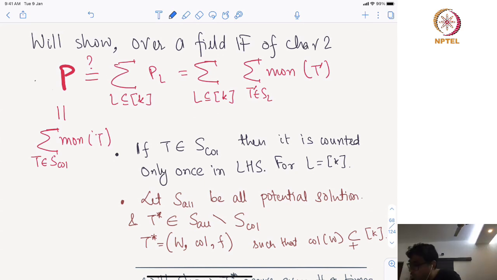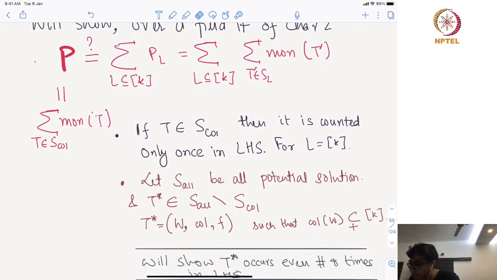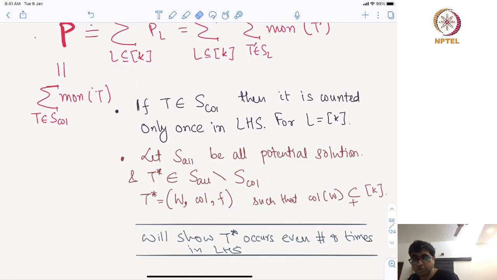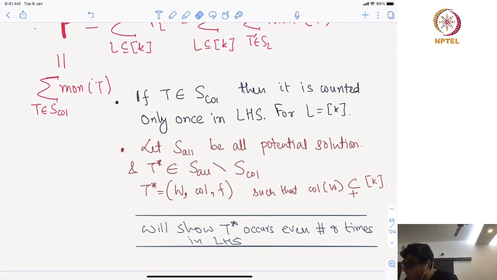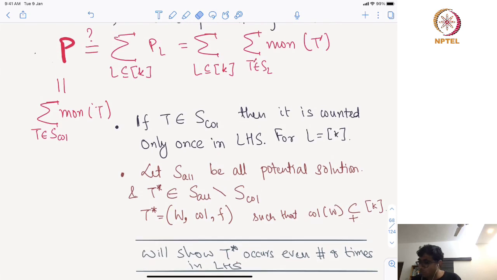Now let S-all be all potential solutions and let T-star be in S-all minus S-colorful. So T-star is (W, f) such that the color set of W is a proper subset of 1 to k. We will show that T-star occurs an even number of times on the left hand side. So when you sum them up, the monomial corresponding to T-star has even multiplicity and they will contribute 0.